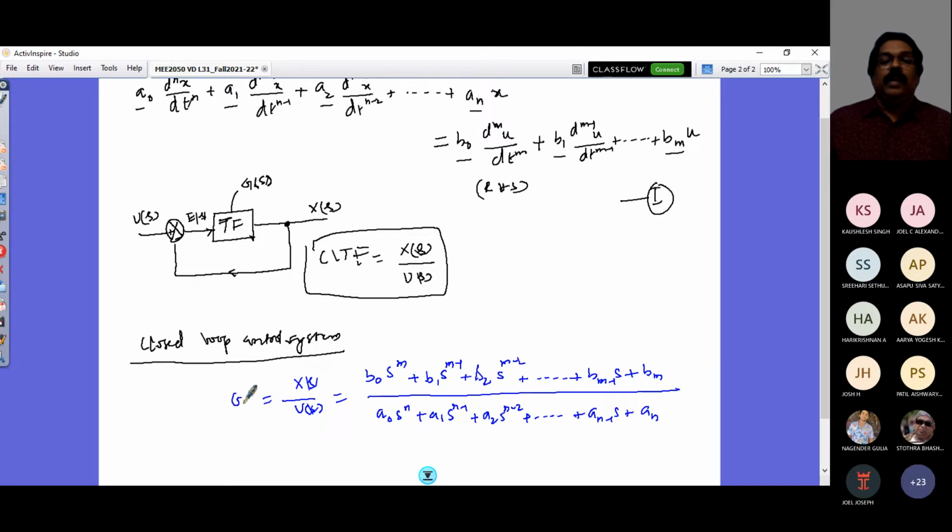So this is my transfer function. The transfer function is now a ratio of two polynomials.